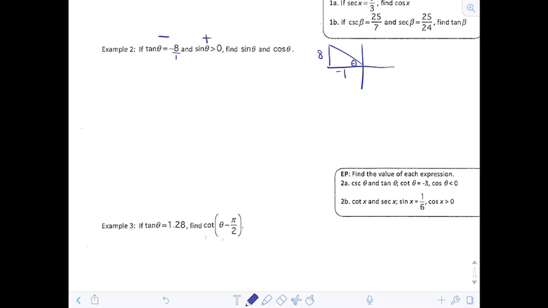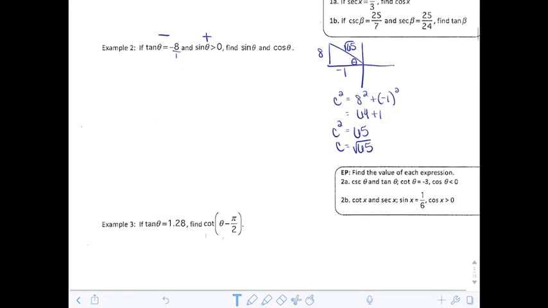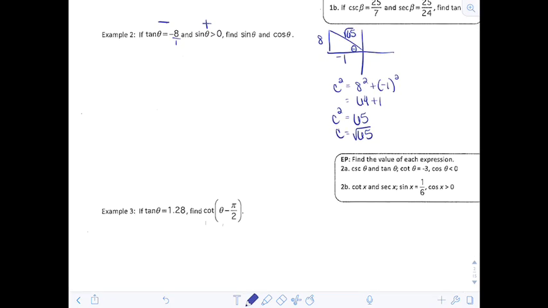I would know that, let's say, c squared is going to equal 8 squared plus -1 squared, which is 64, plus 1, that's 65, which is c squared. So c is the square root of 65. Nothing needed from Chapter 5 or those identities really yet. Okay, nothing new. But I'm going to show you how it can kind of verify it in just a minute.